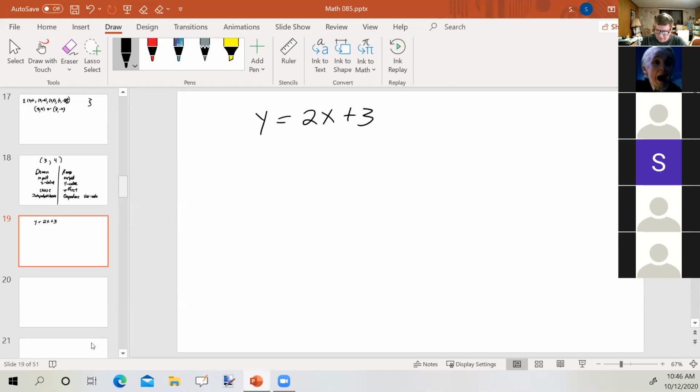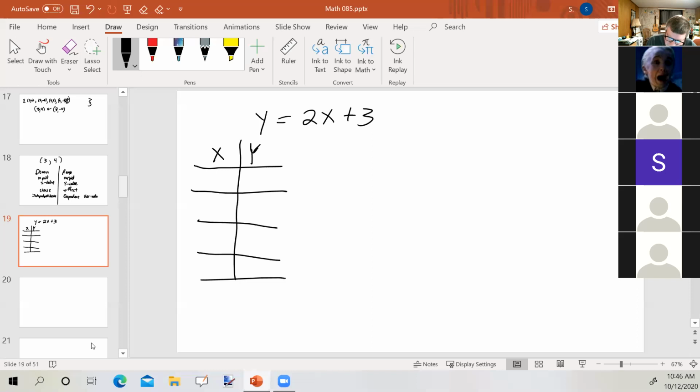So that is an equation. It's a linear equation. Its graph is a straight line. It has a y-intercept of 3. It has a slope of 2, all of that stuff. Let's find some ordered pairs that are solutions to this equation.